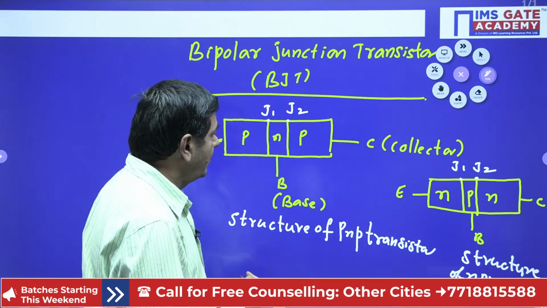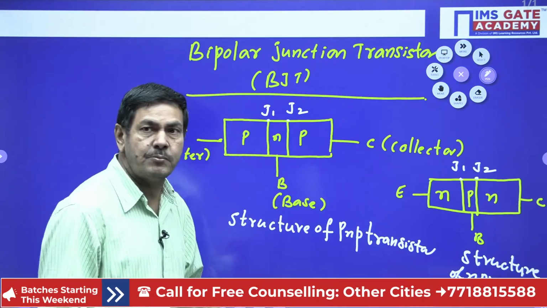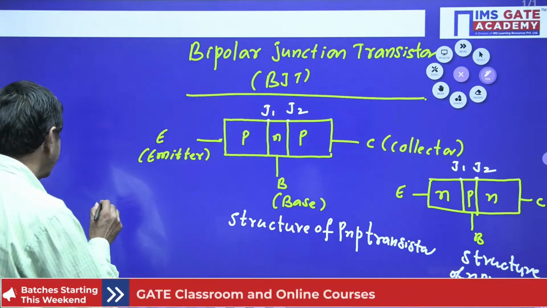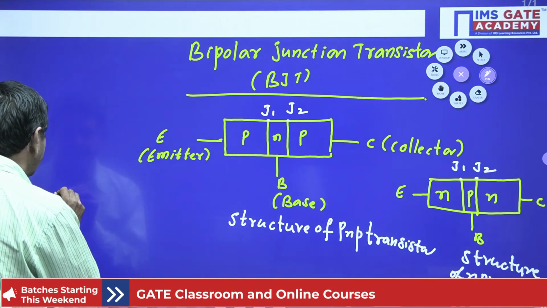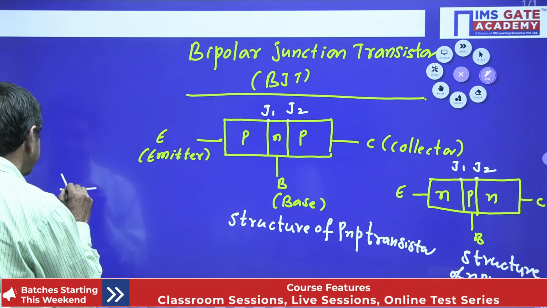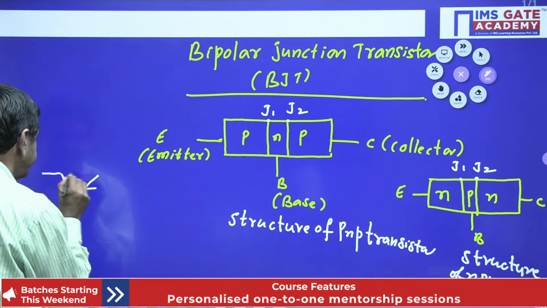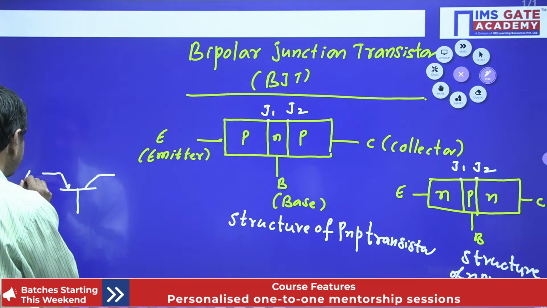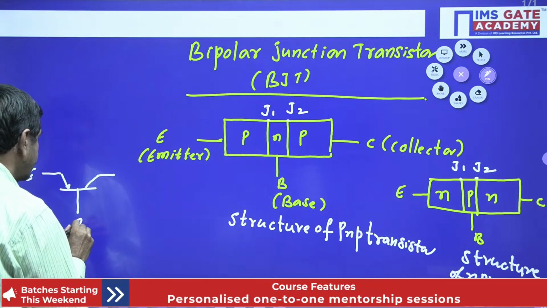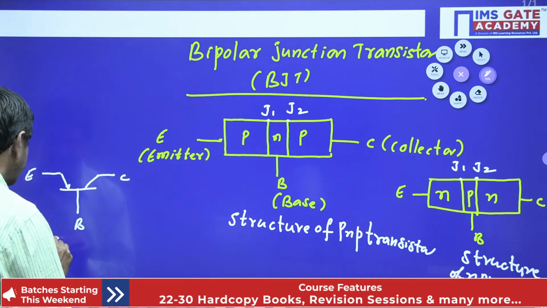And how is the symbol of the PNP and NPN transistor to be drawn? We can draw the PNP transistor in this way. The symbol of the PNP transistor is to be drawn in this way. This is the emitter, this is the base, this is the collector. This is taken as the PNP transistor symbol.